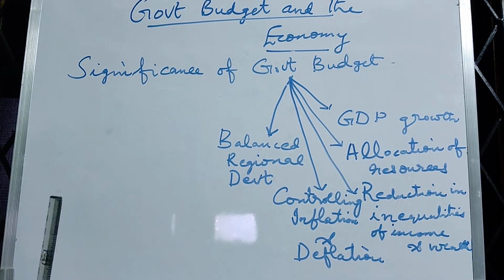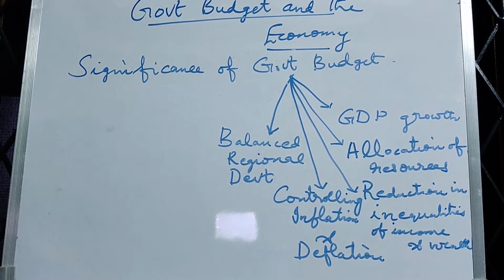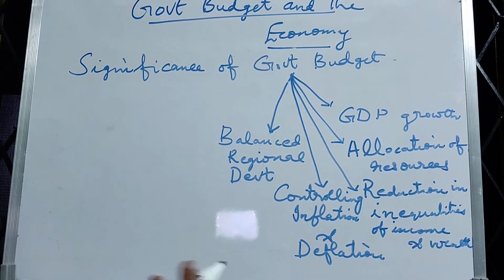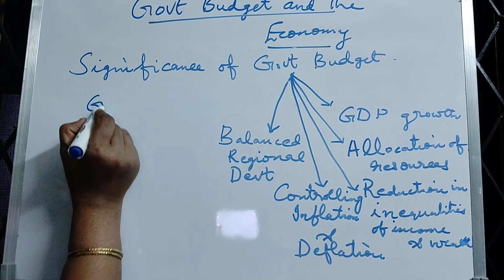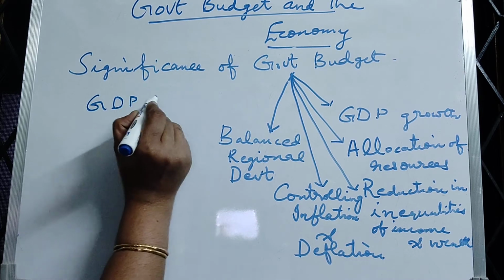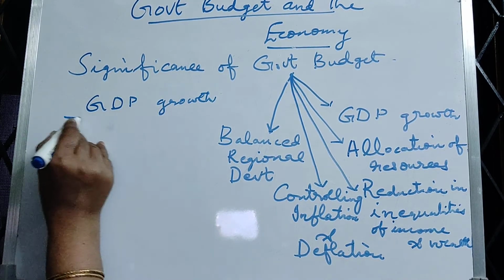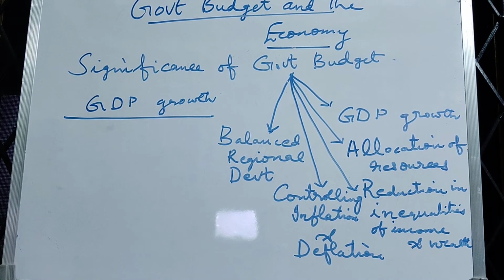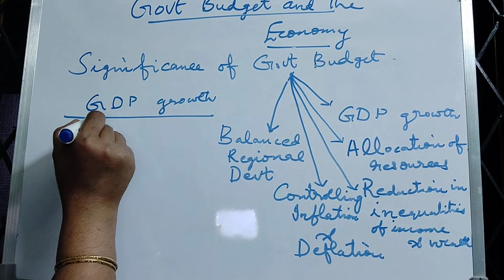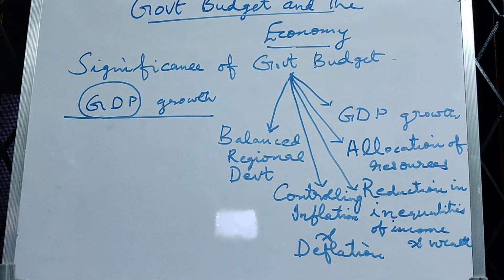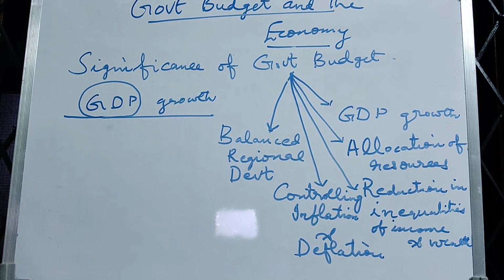Let us learn one by one. What are the different objectives of government budget? The first objective of government budget is to achieve GDP growth. You have to understand what GDP is. GDP means gross domestic product.